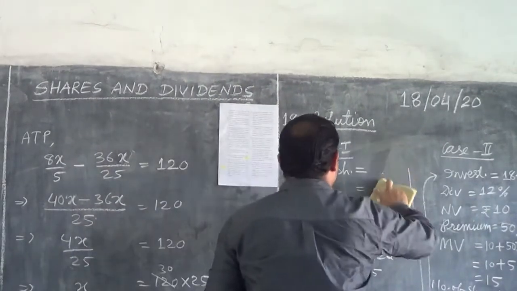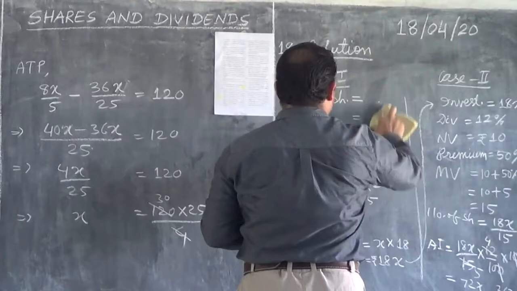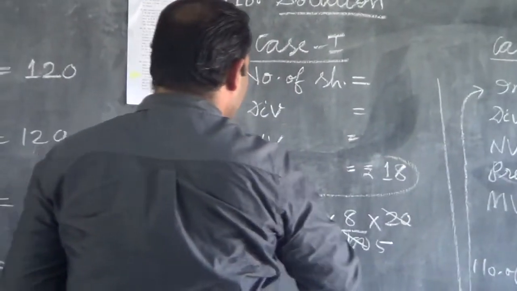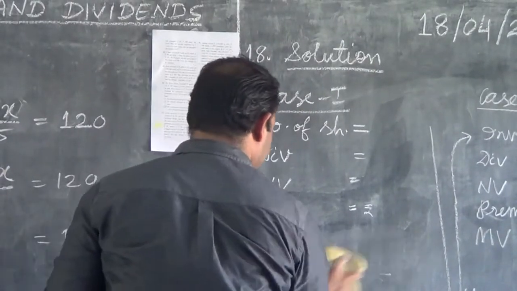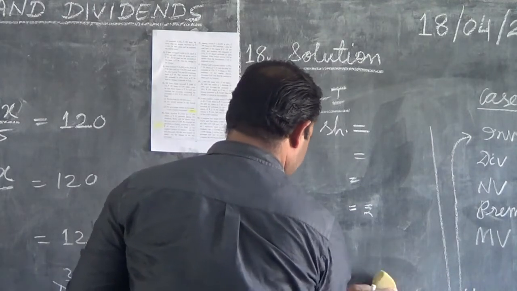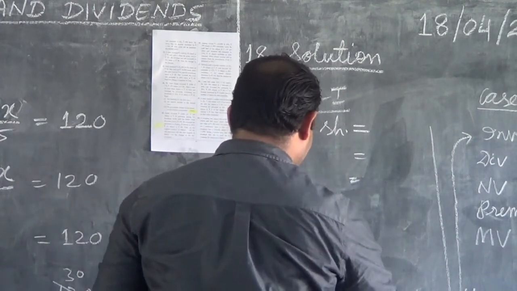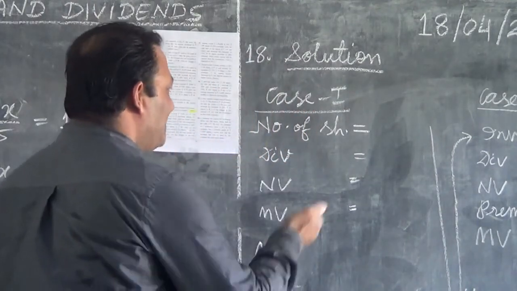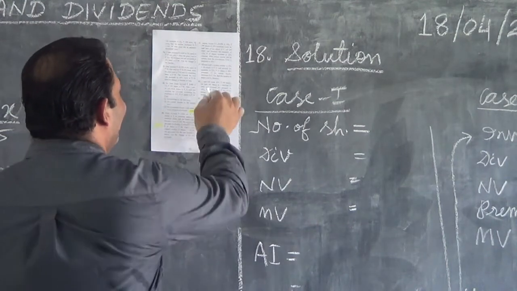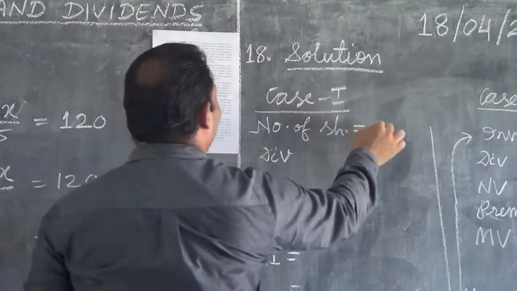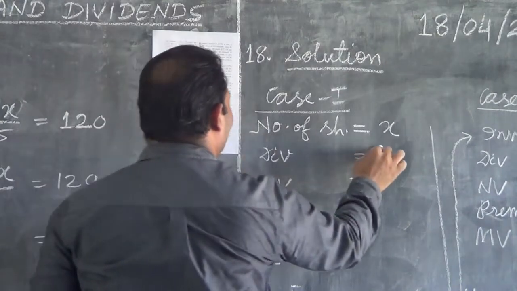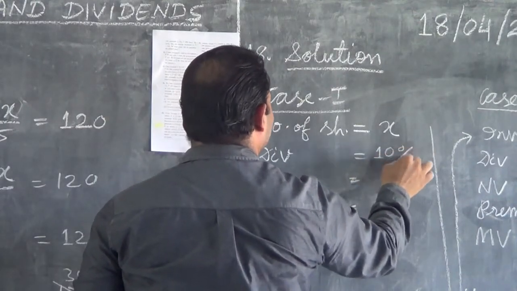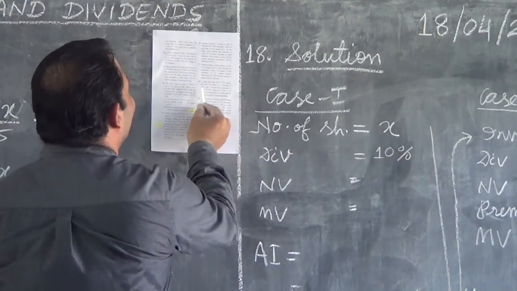Number of shares, how much children? See here, I will put it in the same format. I am going to write the statements again here. Number of shares, that is X, and here 10% shares, dividend is 10%.